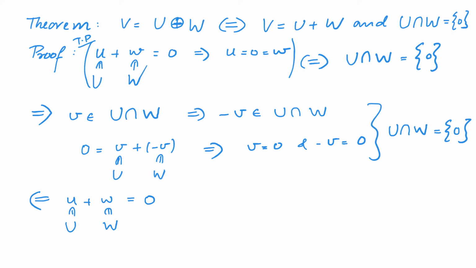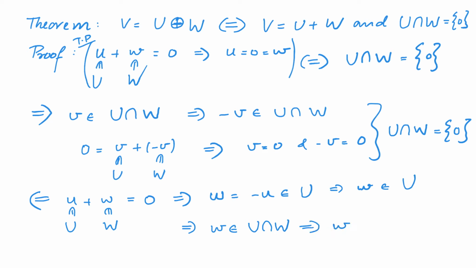Now notice that as u plus w is equal to 0, we know that w is equal to minus u. But as w is equal to minus u and minus u belongs to capital U, this implies that w has to belong to capital U. But w belongs to W, which implies that w should belong to capital U intersection capital W. But the intersection of capital U and capital W was the singleton set 0.